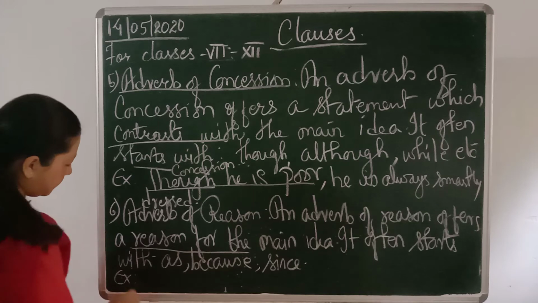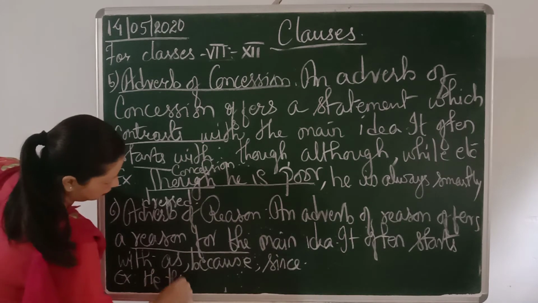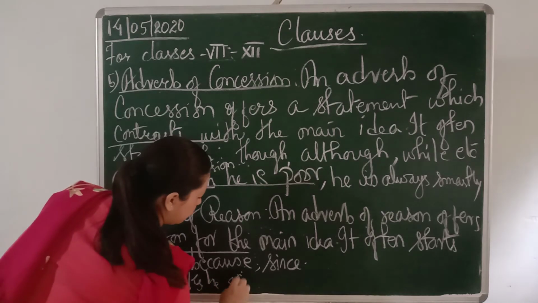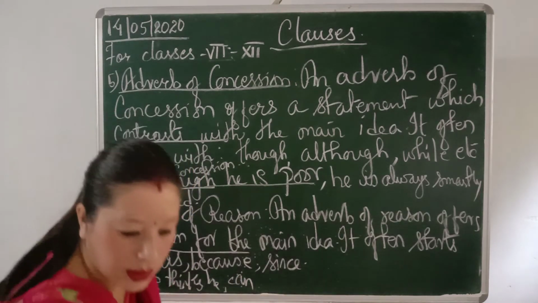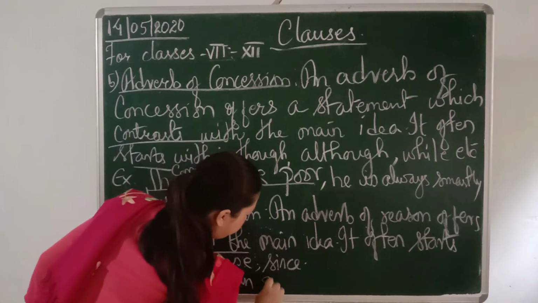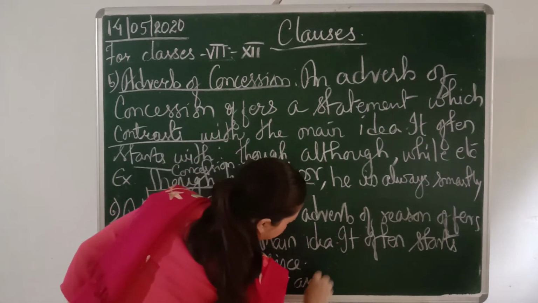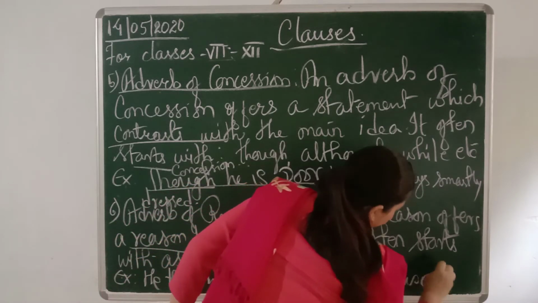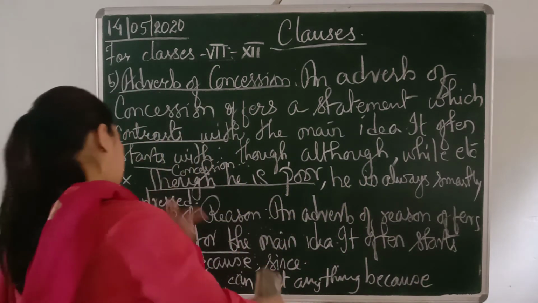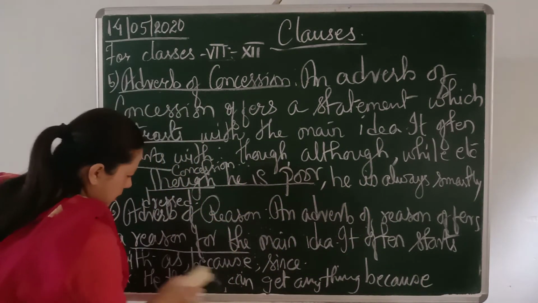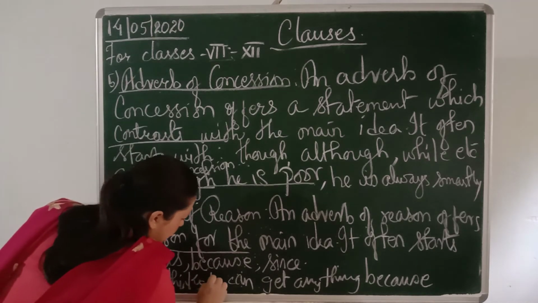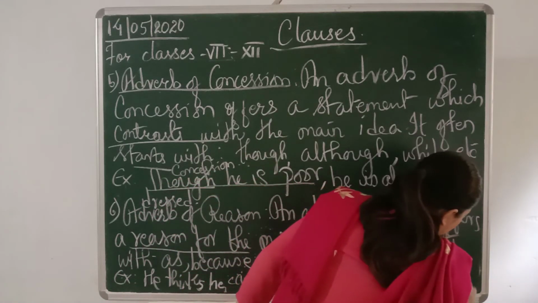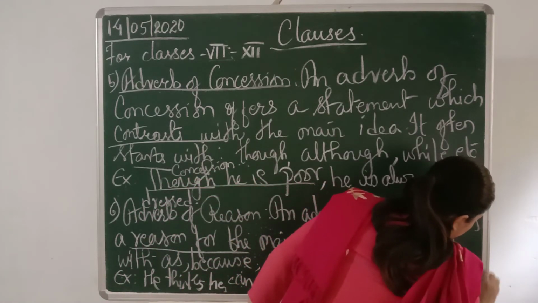For example, he thinks he can get anything because he is smart.